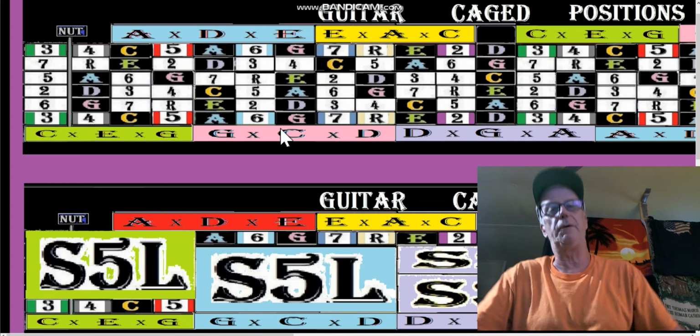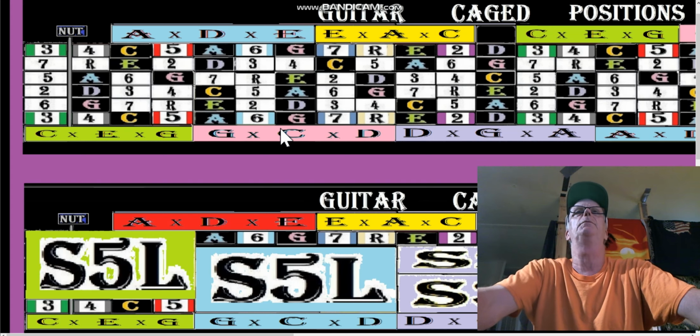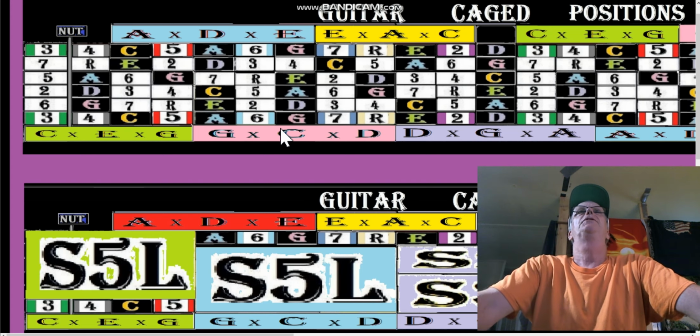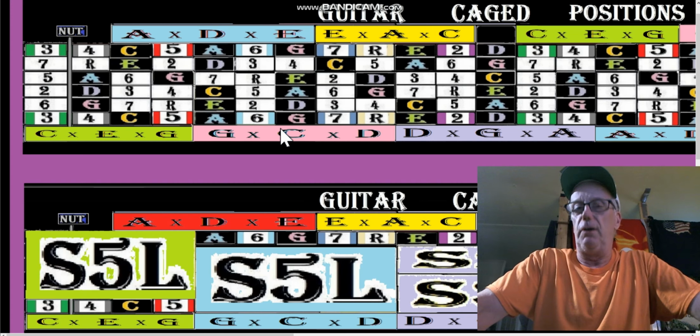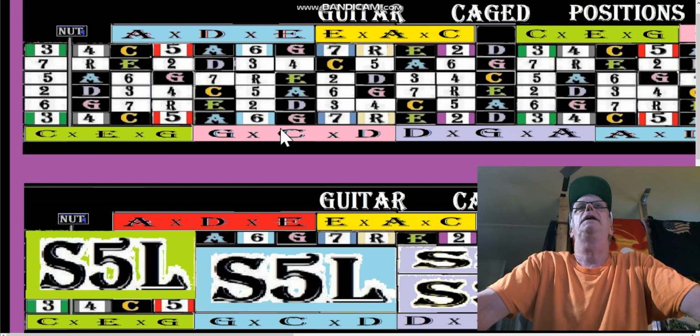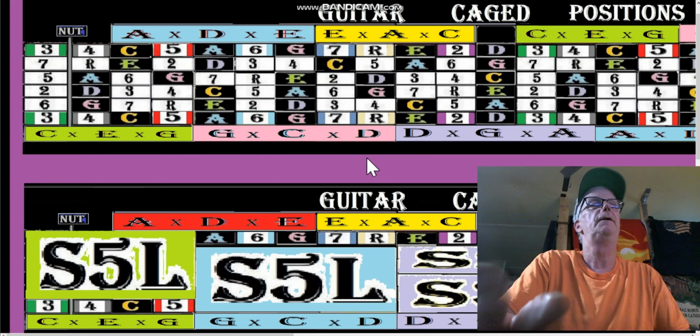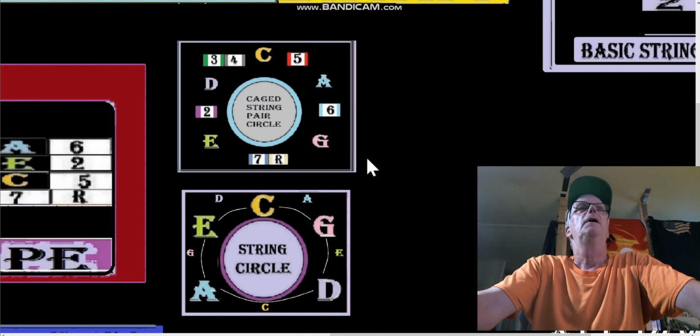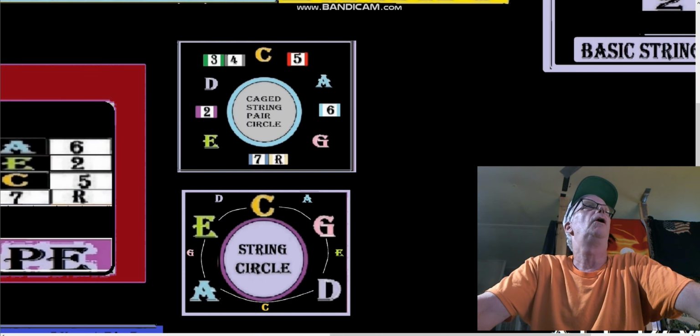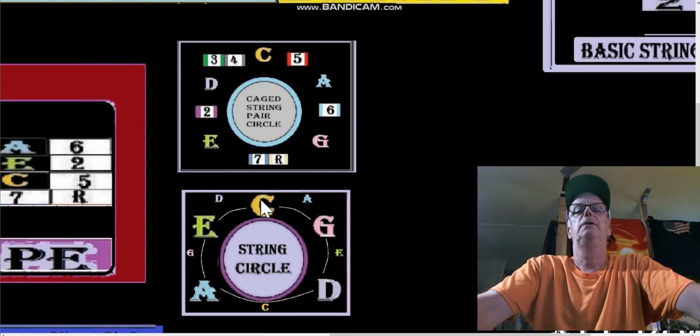I went all the way around the circle of fourths with some inversions. But the string shape circle, and I've shown you many times, is here, and it goes, let's go backwards, so we're going in fourths.